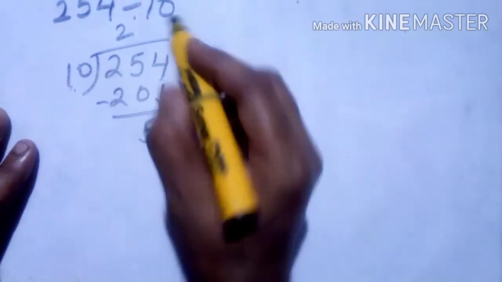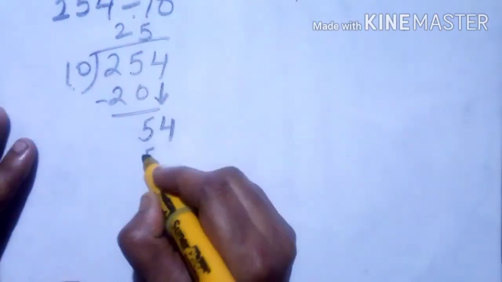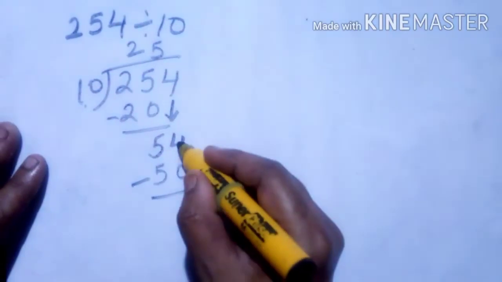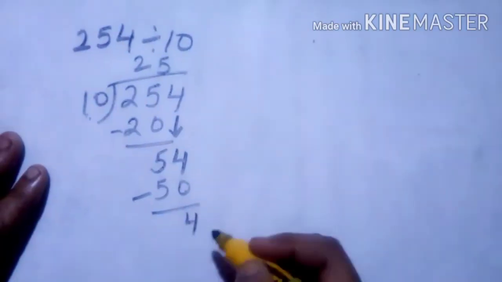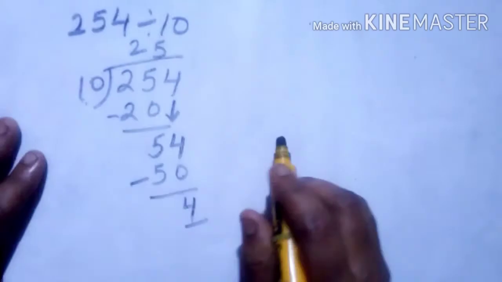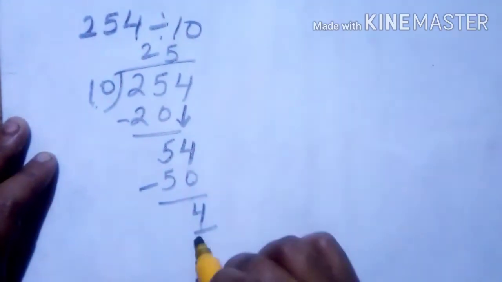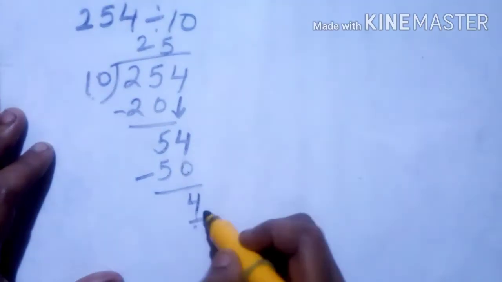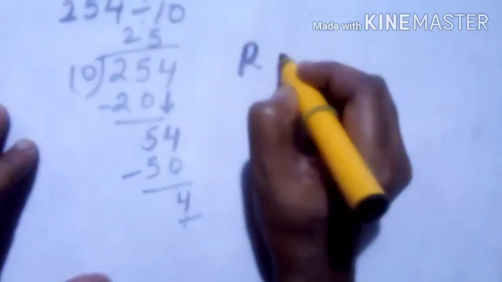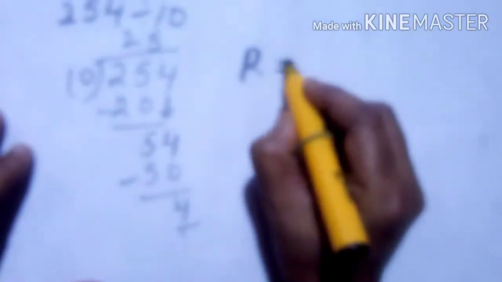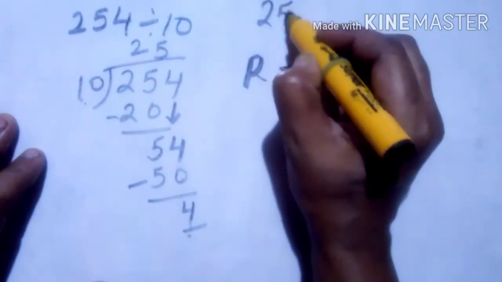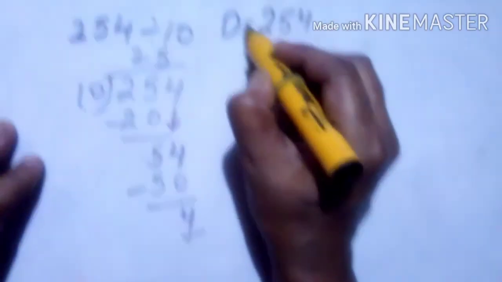Now 10 5 times is 50. Now the remainder is, subtract this, 4 minus 0 is 4. So the remainder is 4. Here the remainder will be the ones place of the dividend. That is, the dividend is 254.